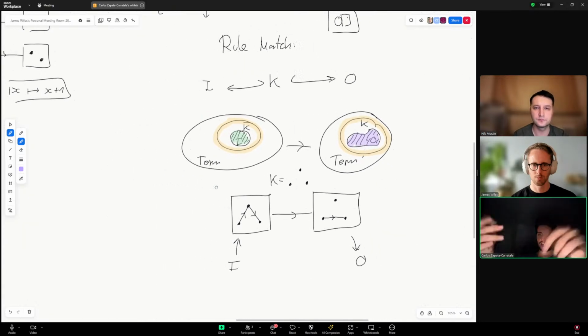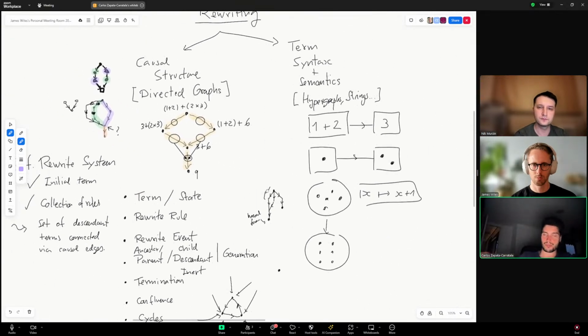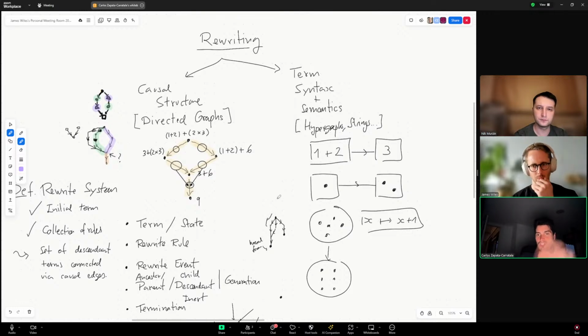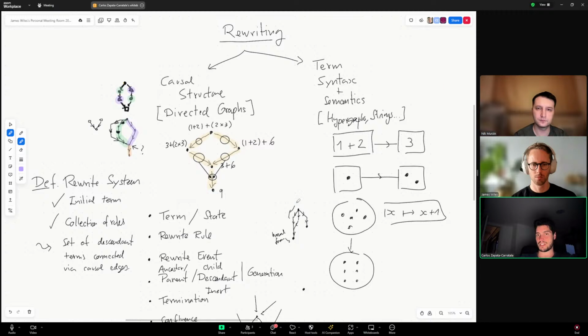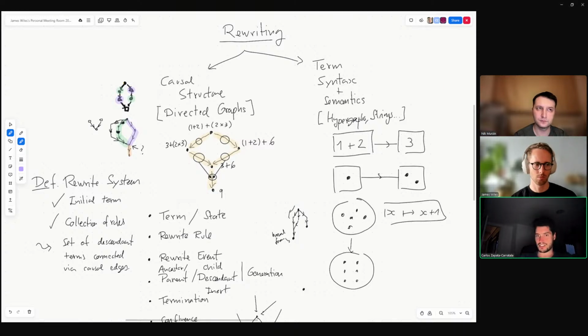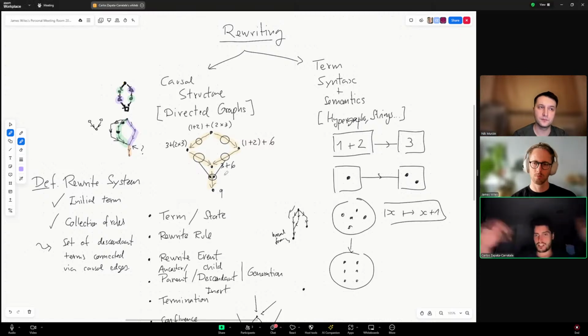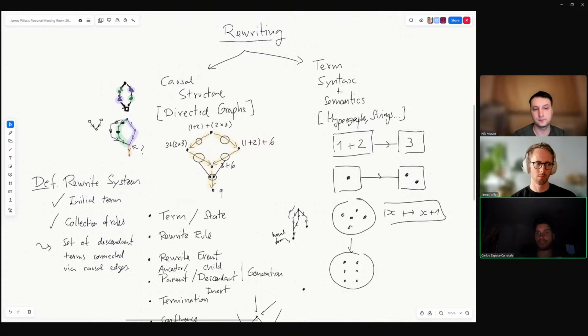So you can define future cones and past cones and things like that just with the information of the abstract rewrite system that completely forgets about the details of the actual rewriting. I'm not saying this is particularly interesting for us, but if we are giving a general introduction to rewriting, I think it's important to point out.